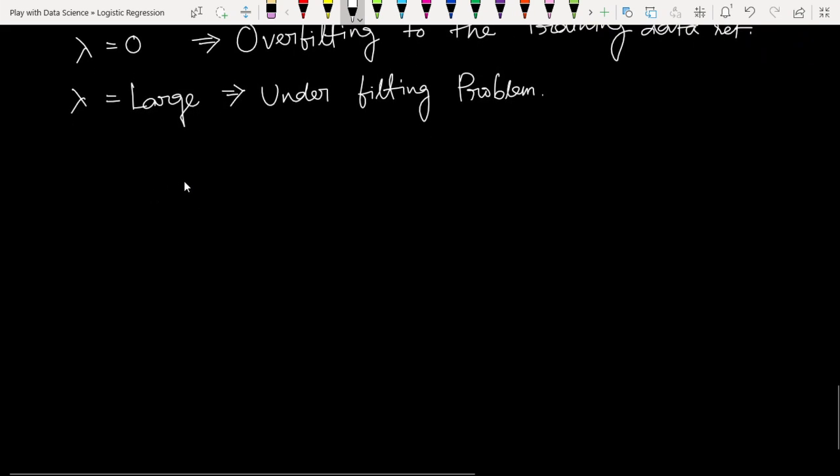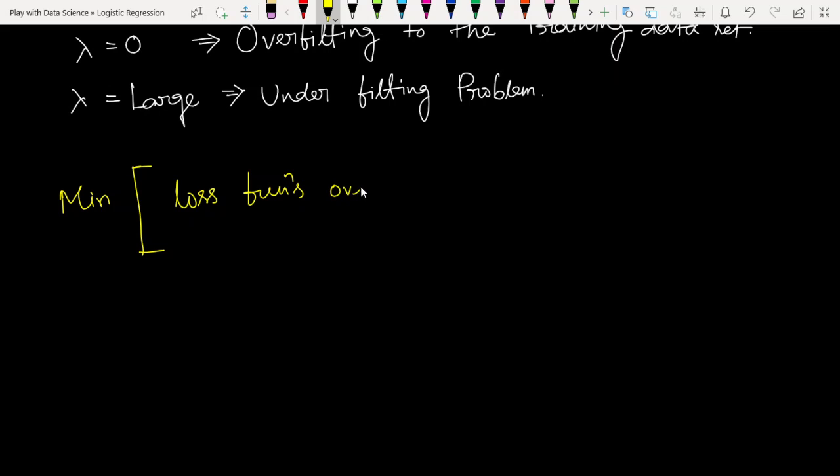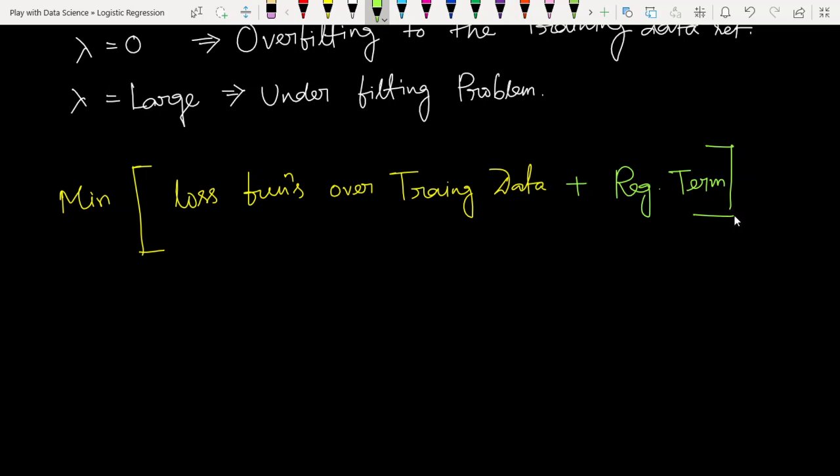So at the end of the day, we have to find the minimum of the loss function over the training data plus our regularizer term. We have to minimize these two terms: the loss function term on the training data and our regularizer term.